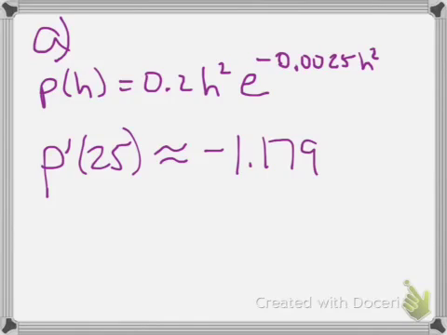Now this is in millions. If we remember back to the original description, it said at a depth of h meters, the density of plankton cells in millions of cells per cubic meter. So it's not just negative 1.179, there are other millions and other units that go with this.